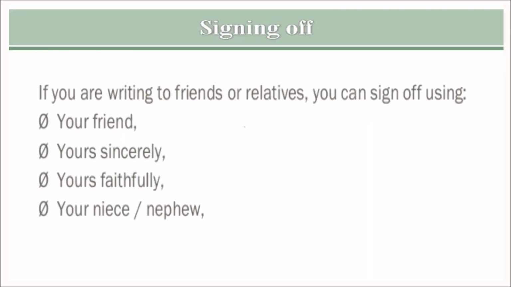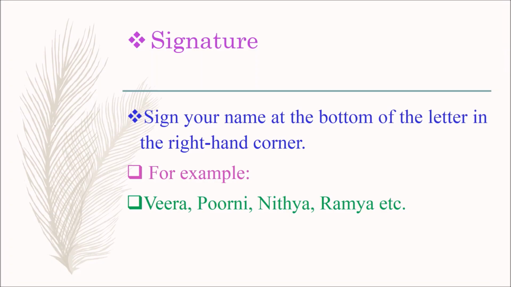If you are writing to friends or relatives, you can sign off using your friend, yours sincerely, yours faithfully, your niece or nephew. Finally, we have signature. Sign your name at the bottom of the letter in the right hand corner. For example, Veera, Purni, Nitya, Ramya, etc.